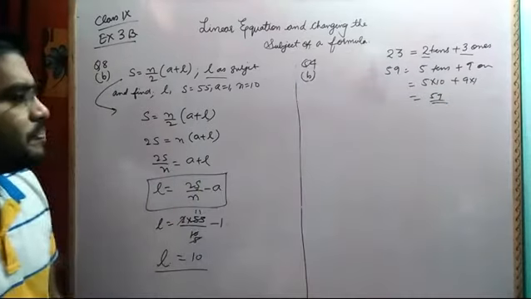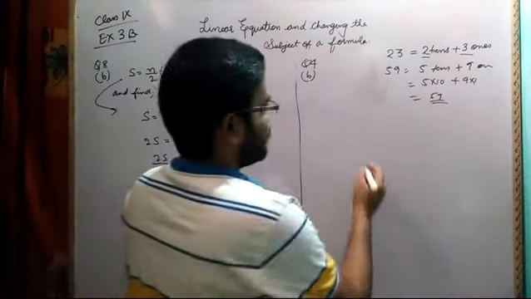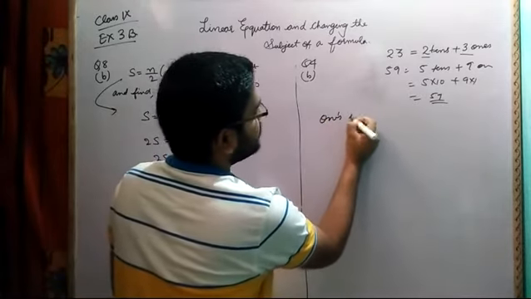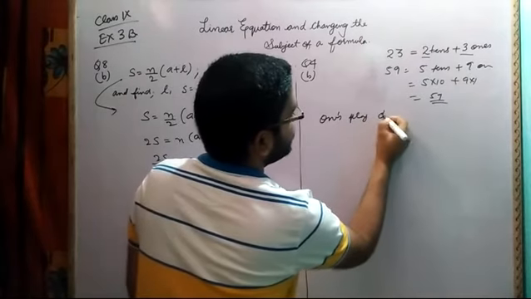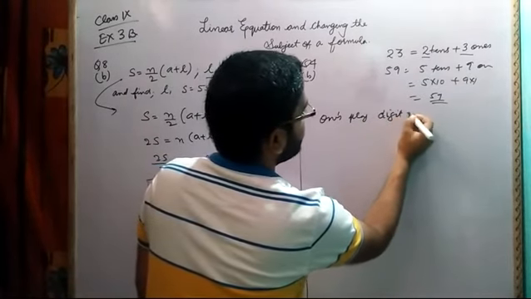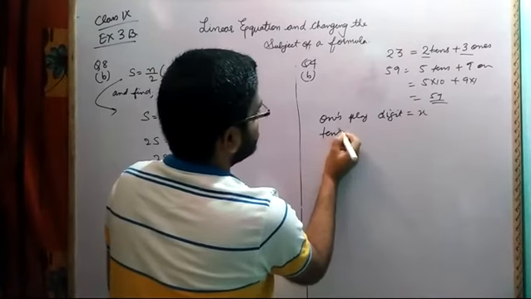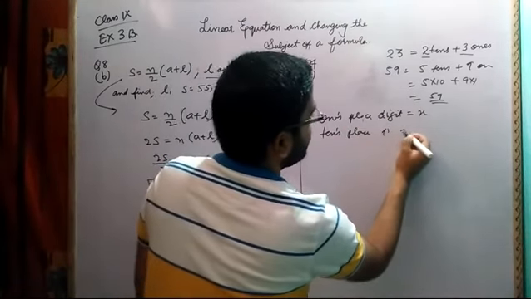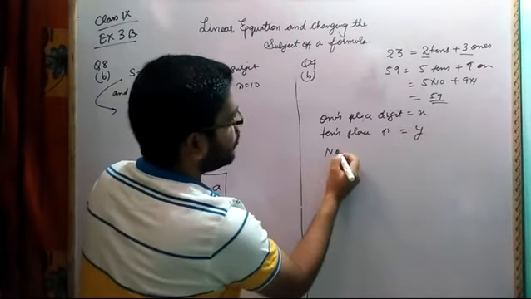Now the question says that we are having a 2-digit number in which the ones place digit is x and the tens place digit is y. So the original number will be equal to what?